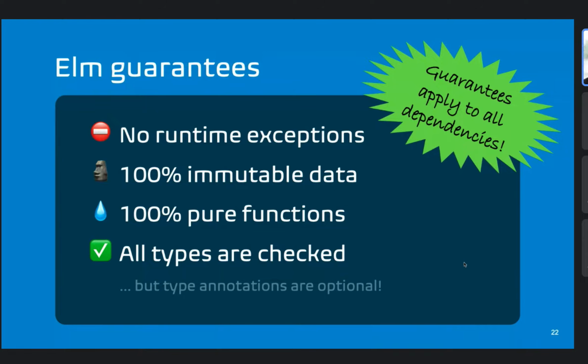These ones are what we consider the most important. And what is also very important is that those guarantees apply to all dependencies. So they are not only about the code you write, it's also about all the libraries that you are loading into your code base.